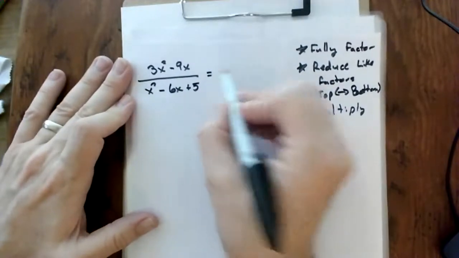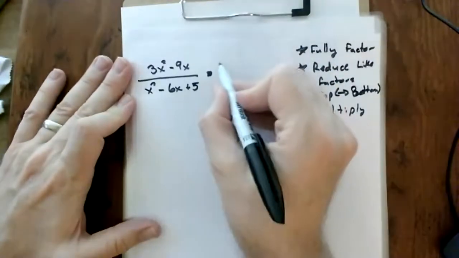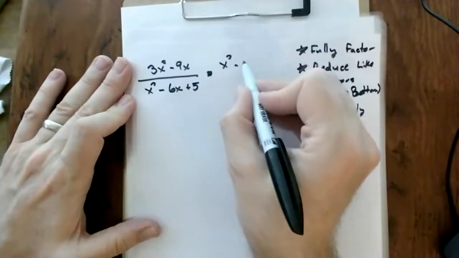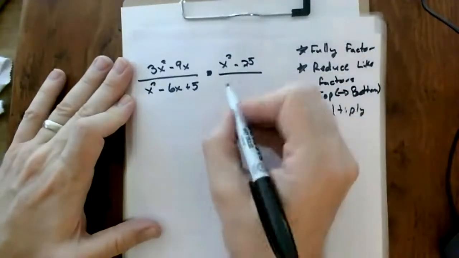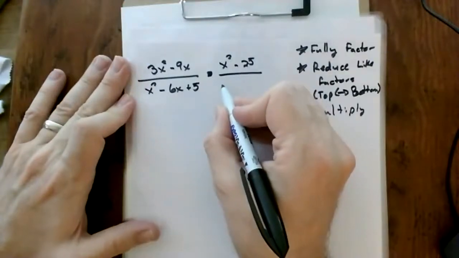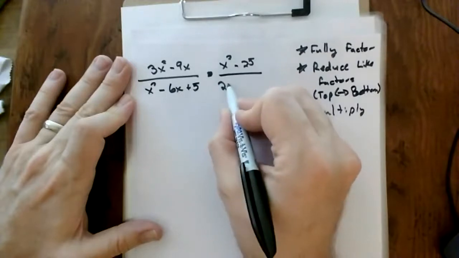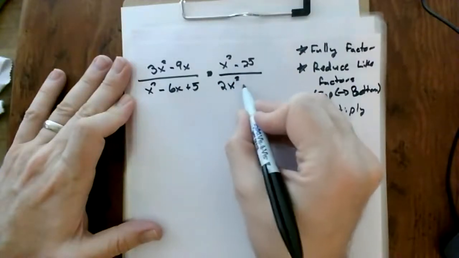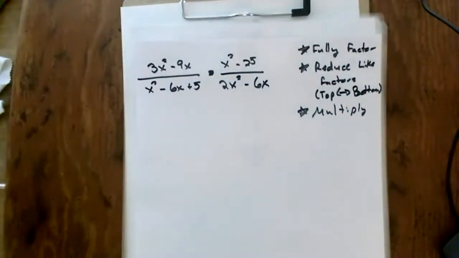Let's multiply this by x squared minus 25 over 2x squared minus 6x. Oh, that looks messy, doesn't it?